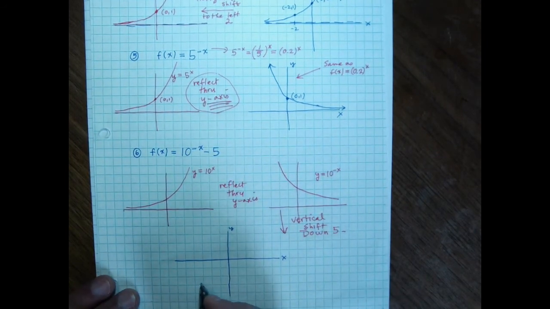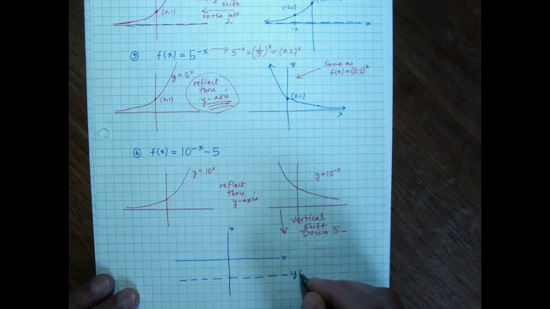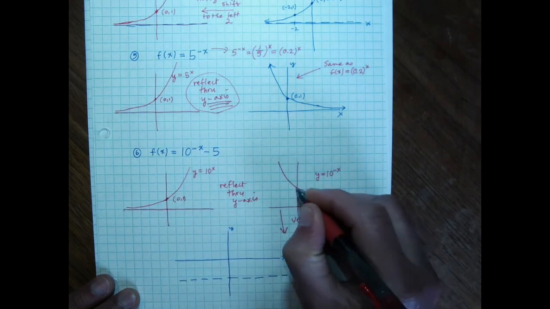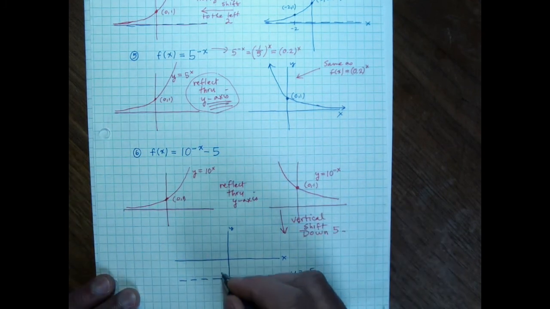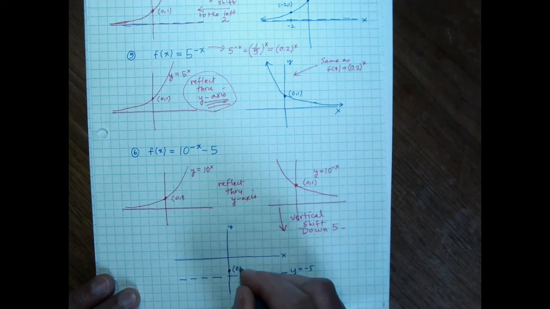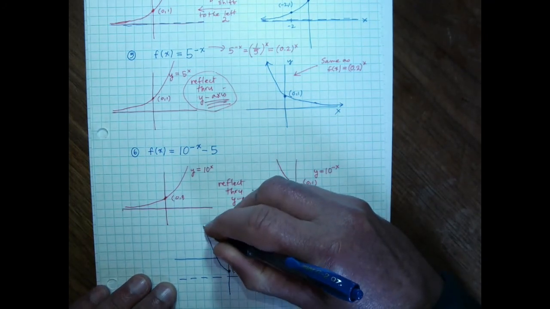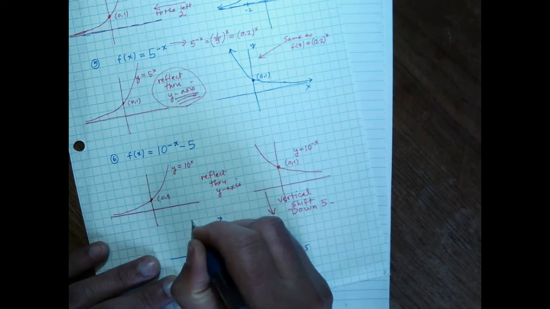My horizontal asymptote's going to shift down to y equals negative 5. This y-intercept was 0, 1. But when I shift down, that y-intercept is going to be at 0, negative 4. The graph is going to rise up that way, flatten out along the horizontal asymptote.